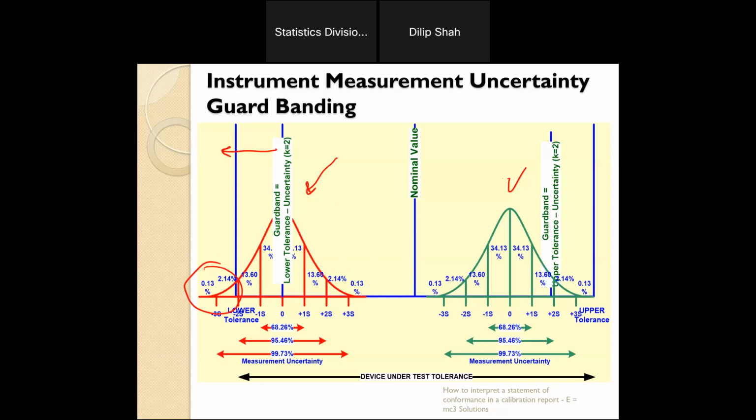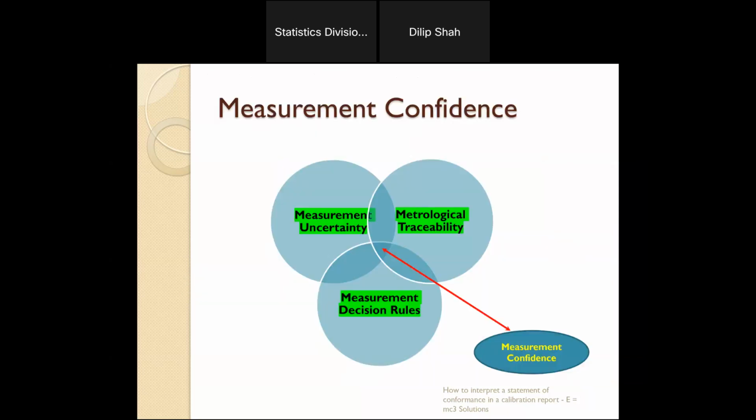Now, a lot of people use this rule, but I fly a lot, I travel a lot, and I ask myself, do I want to get on an aircraft with a 2.5% probability of false accept? Obviously not. So for that, there are other decision rules. I just wanted to emphasize that. So those are the three pillars of measurement: the measurement uncertainty, metrological traceability, and the decision rules.